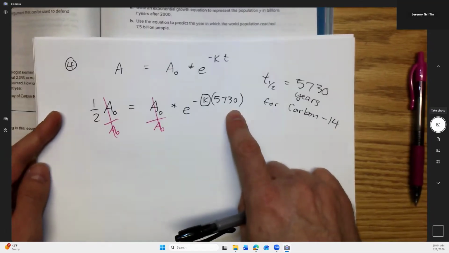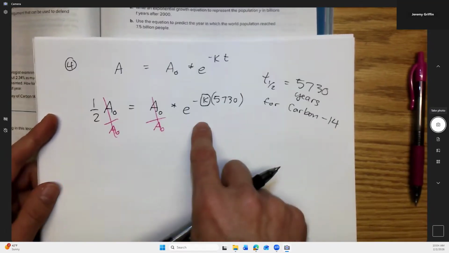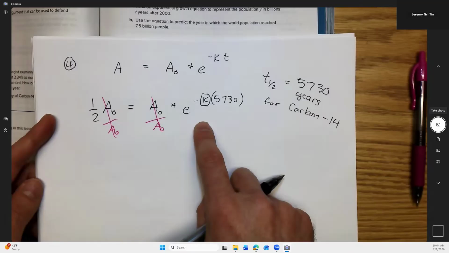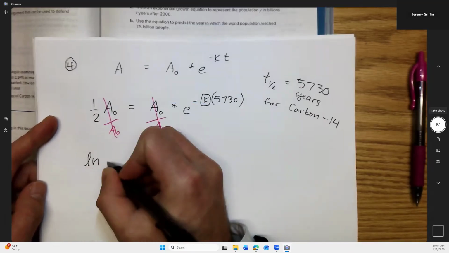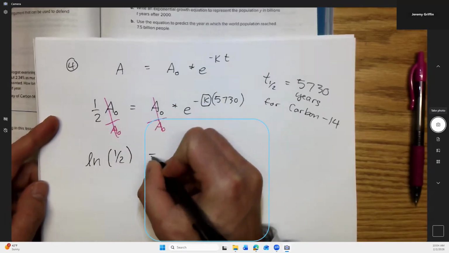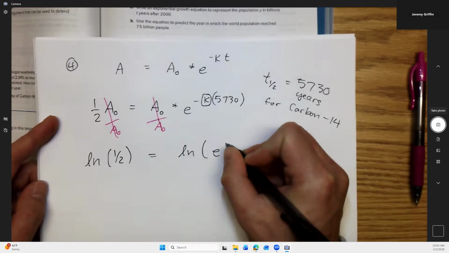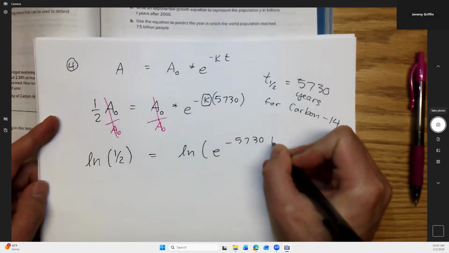What's the next step? I have to apply a logarithm. Let's do natural log of 1/2 equals natural log of e to the negative 5730k.